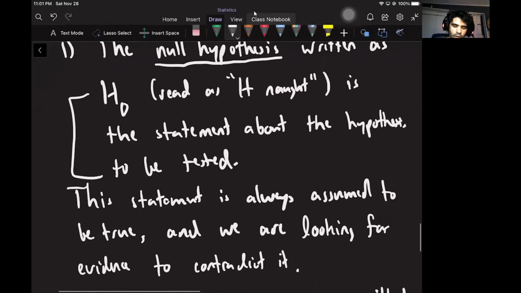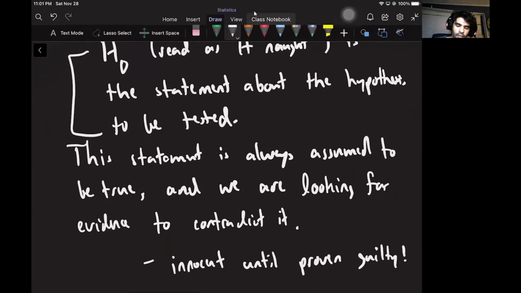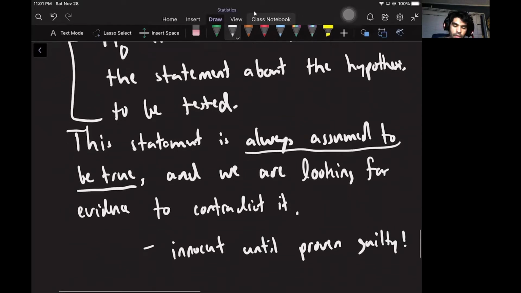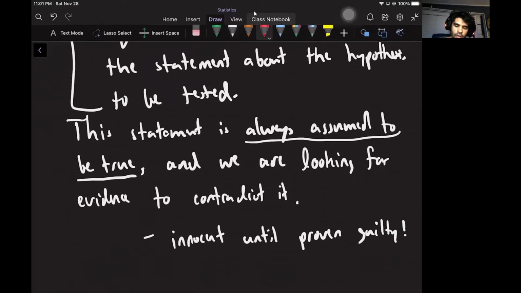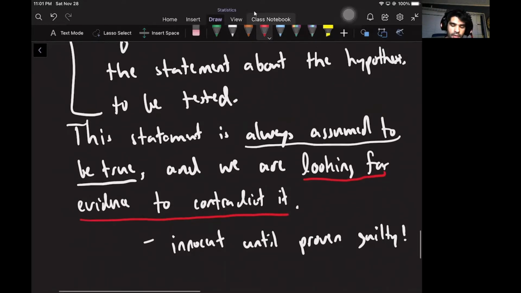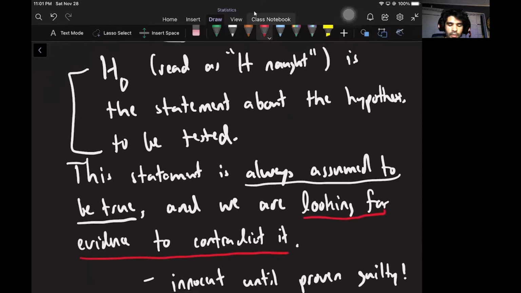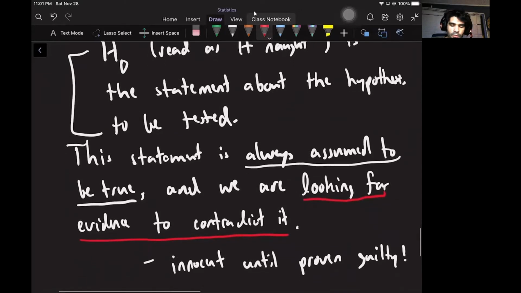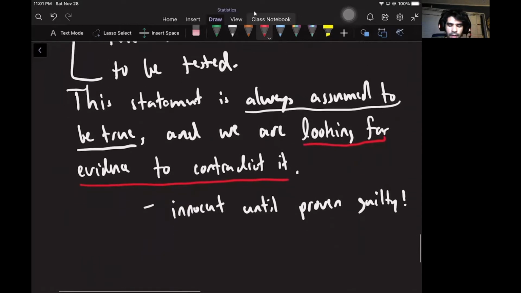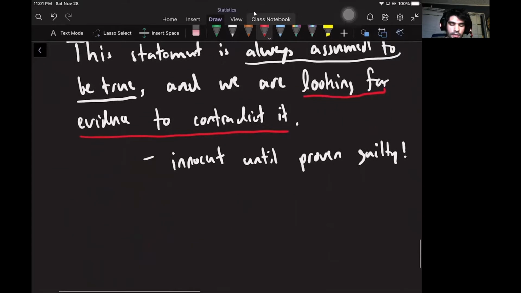You are assumed in a trial to be innocent, and then the prosecutor is looking for evidence to contradict that possibility. That's the idea behind null hypotheses too. The null hypothesis is what you assume to be true about reality, and then you try to find evidence to show that that's not actually the reality.